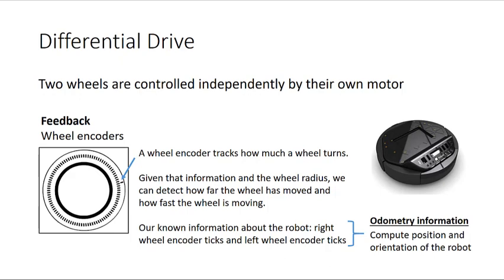So where is it in the world? And that's what you're going to be doing in class next week. You're going to be taking in these wheel encoder values, and you're going to be outputting the odometry information of the robot, the position, the orientation, and we can even compute velocity with encoder ticks as well. So you'll be computing that in addition to just the position and orientation.